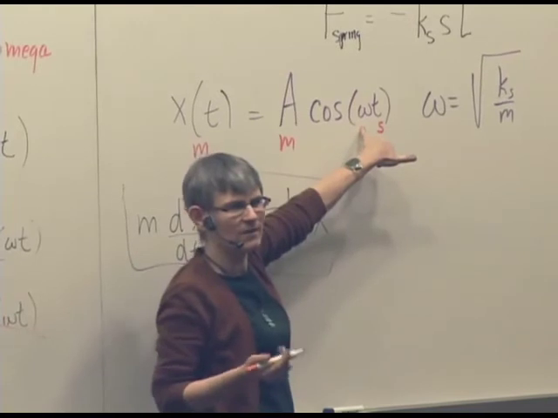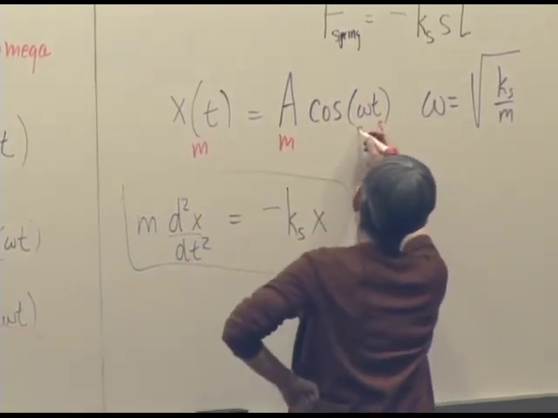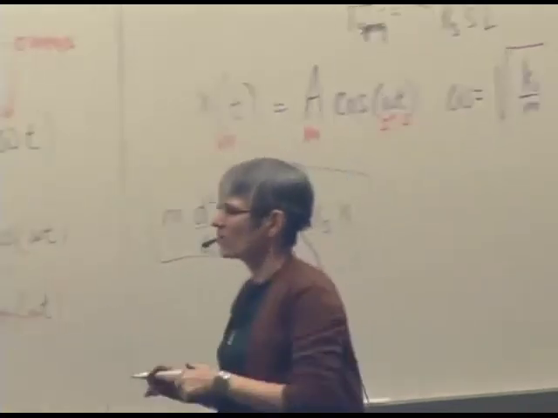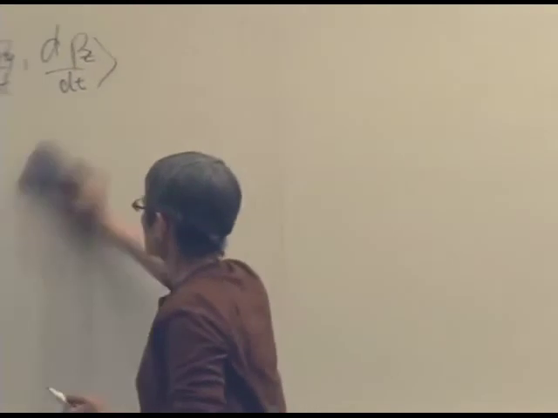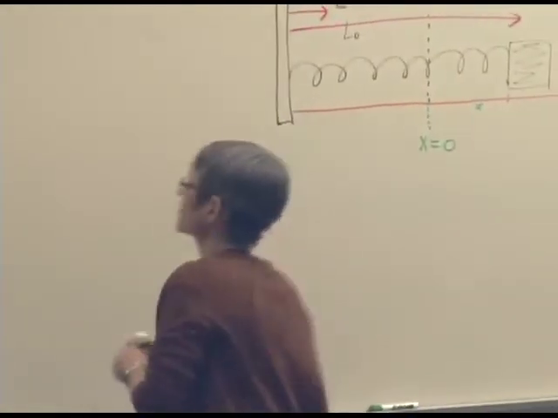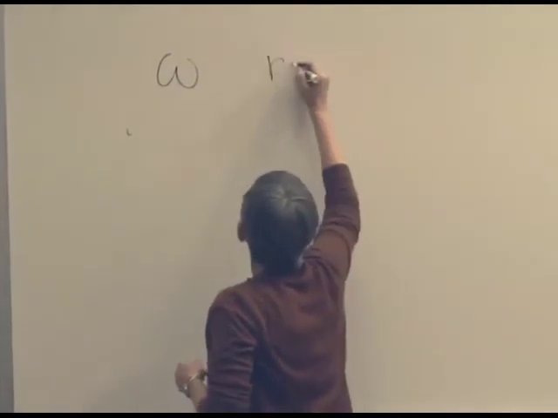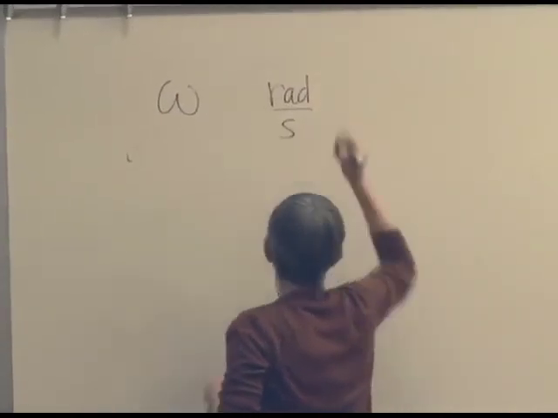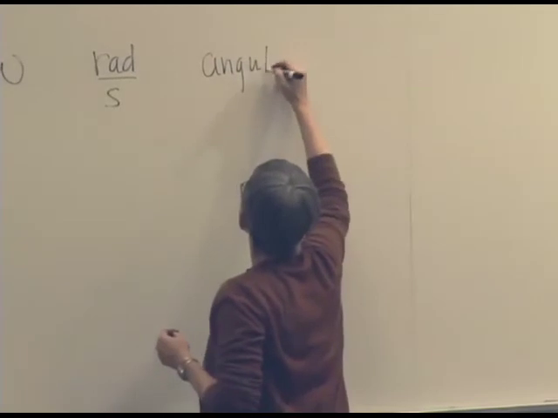So this better be inverse seconds. So it's really radians per second. So omega is what's called the angular frequency, with units of radians per second. Angular because there's radians in there.